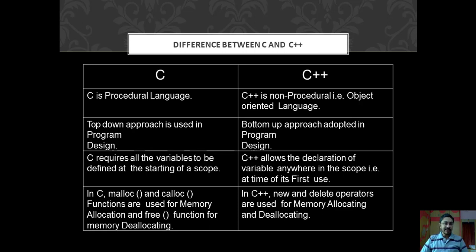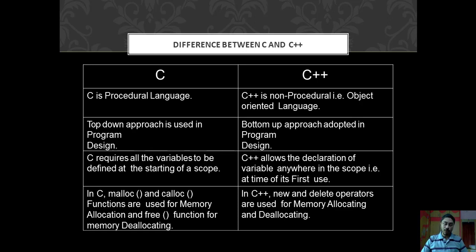And then C is a top-down approach language, meaning that while designing a program in C, we use the top-down approach. What is a top-down approach basically? The top-down approach says that you will have a main module, that is the main program, and then onwards you will have the small functions which you need to accomplish your task.